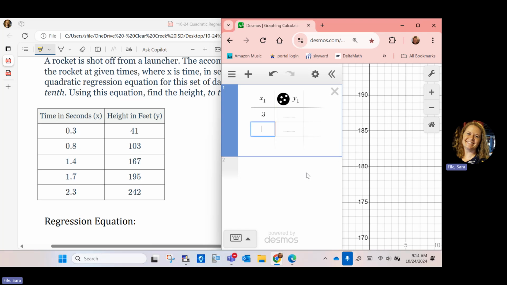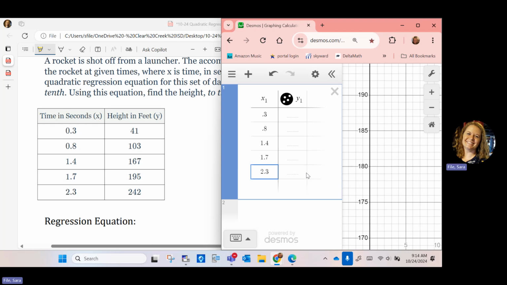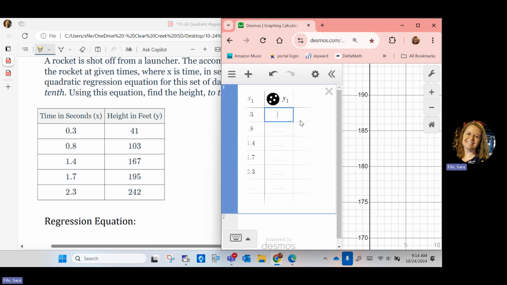So my x's are 0.3, 0.8, 1.4, 1.7, and 2.3. And then my y values are 41, 103, 167, 195, and 242. Okay, so I've got my data entered.